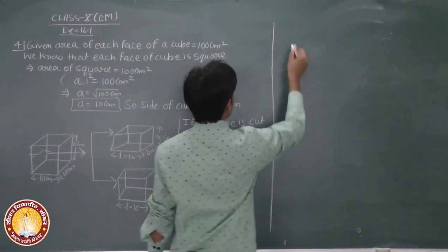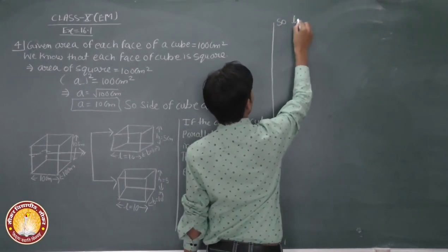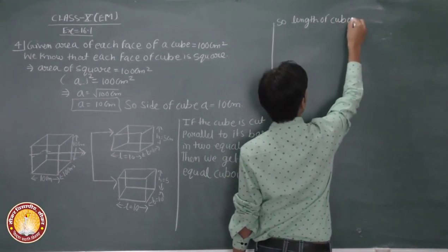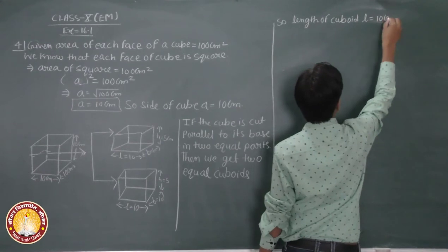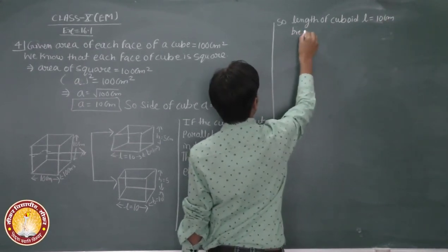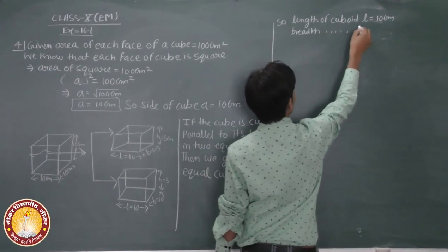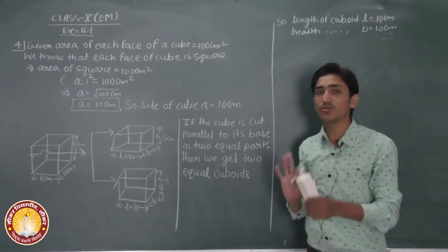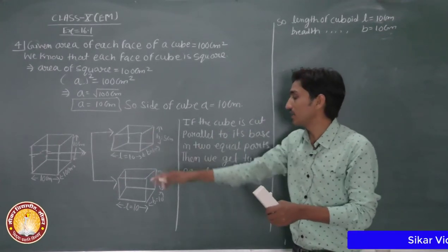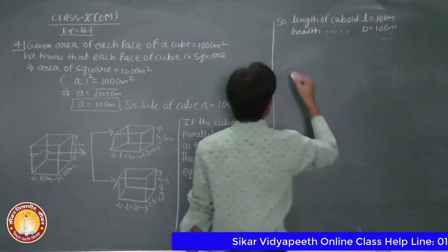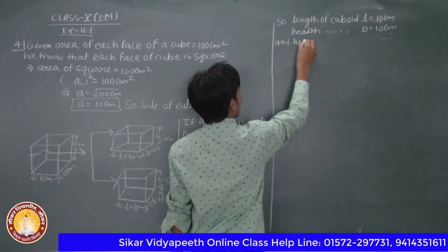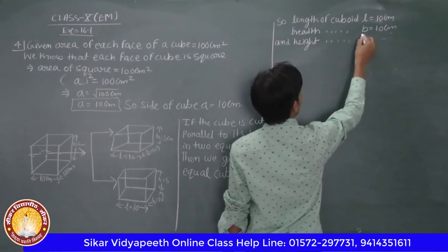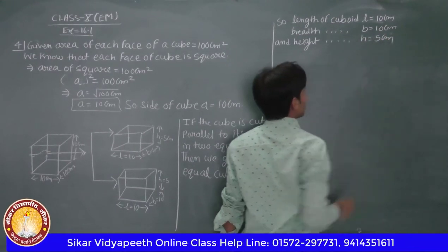So length of cuboid L is equal to 10 centimeter. Breadth of cuboid B is equal to 10 centimeter. If the cube is cut, you can only say that height is half. Height of cuboid H is equal to 5 centimeter.